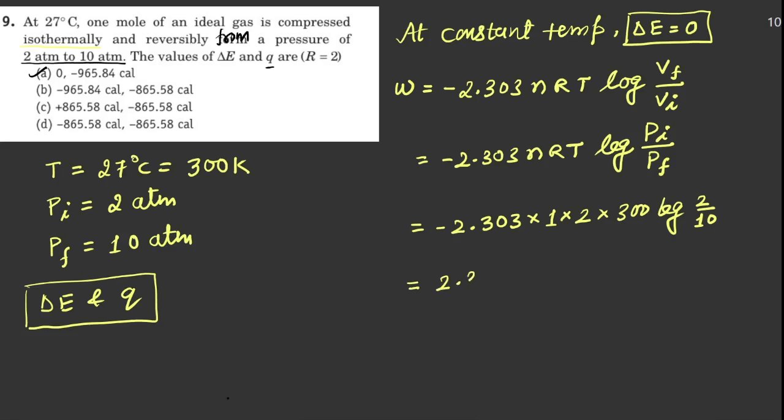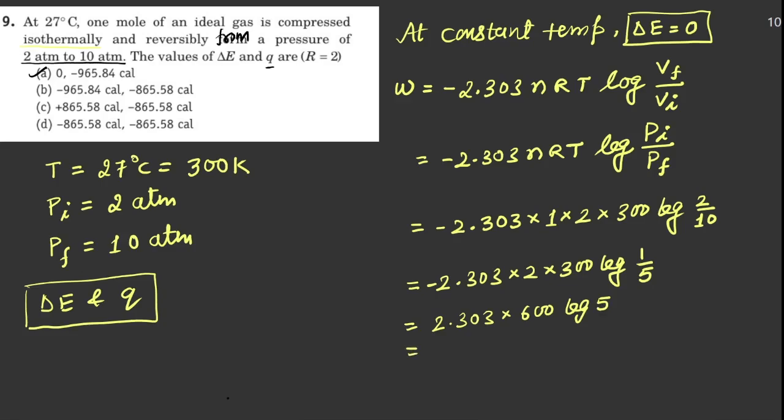So it is 2.303 into 2 into 300 log of 1 upon 5. So to change into log 5, it is minus log 5. So minus minus plus. So it is 2.303 into 600 log of 5.